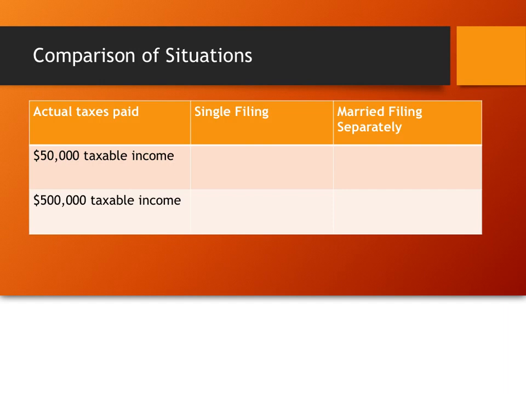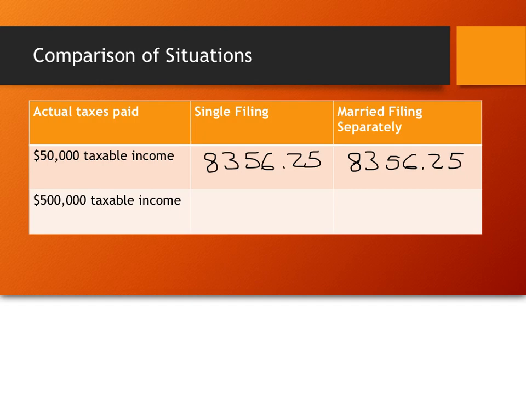So let's summarize what's going on here. We're going to look at the actual taxes paid. If you had $50,000 of income and filed singly, you had to pay $8,356.25 in federal income taxes. And it turned out that was no different if you were married and filed separately.